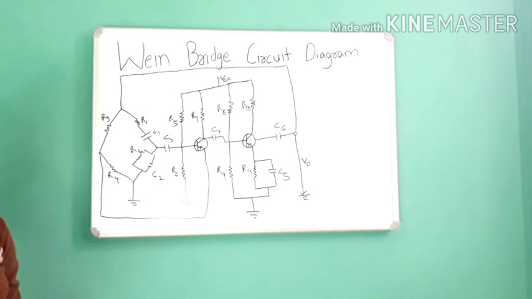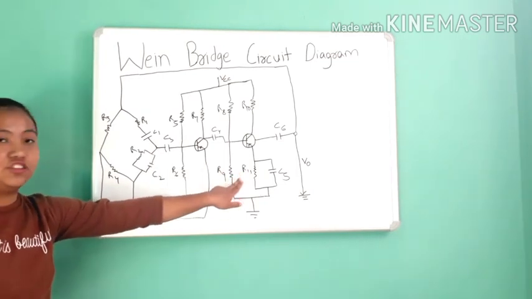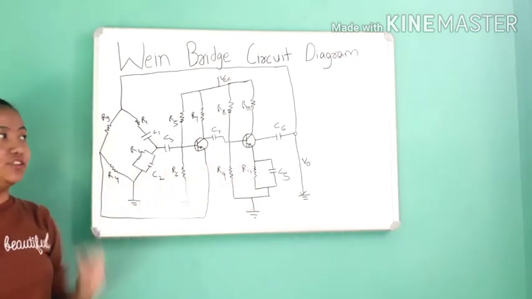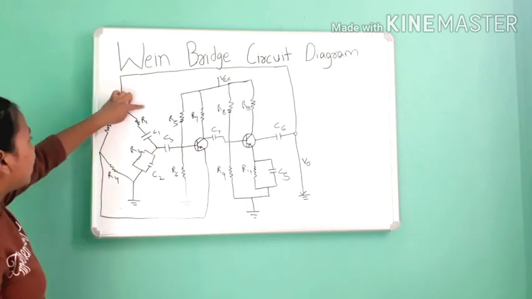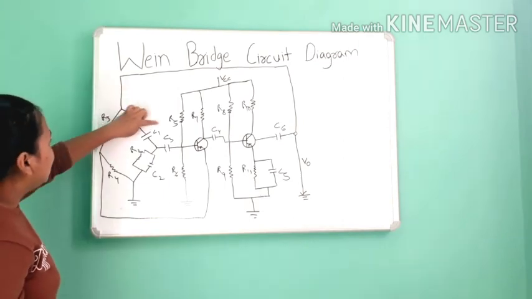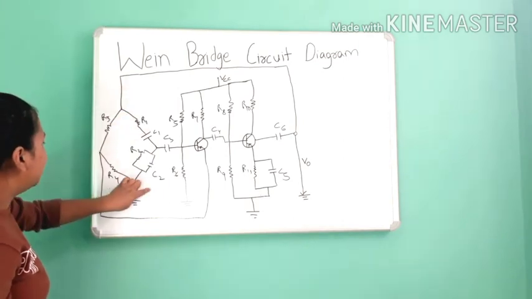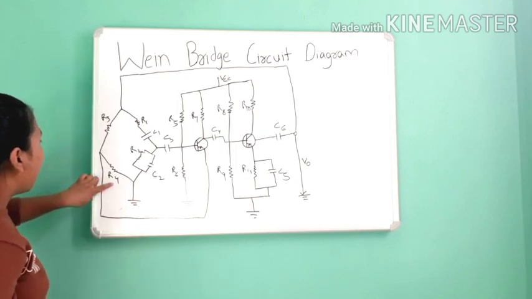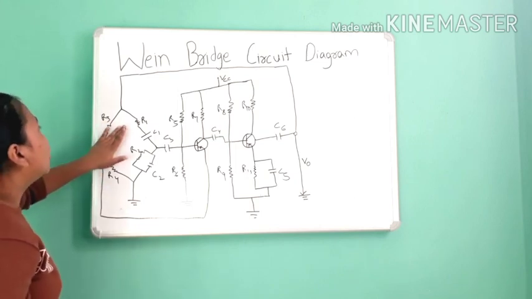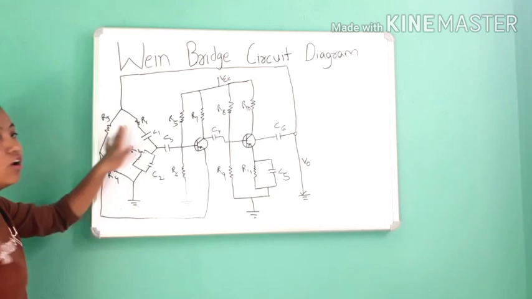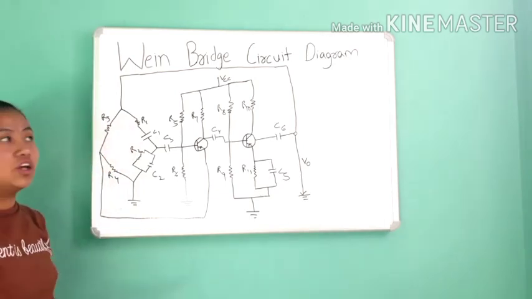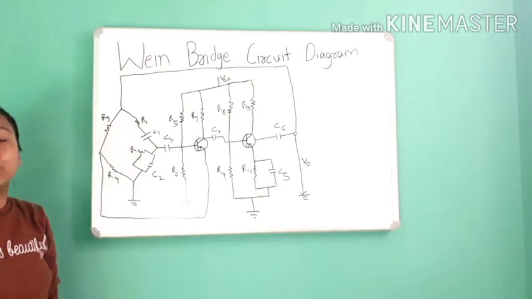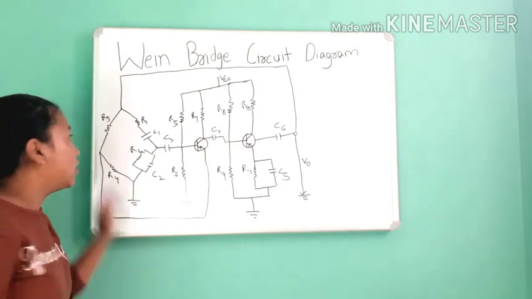So we have 11 resistors and 6 capacitors. These R1, C1, R2, C2, R3, R4 are used for stabilizing purpose. It is a bridge circuit which is used for stabilizing purpose.